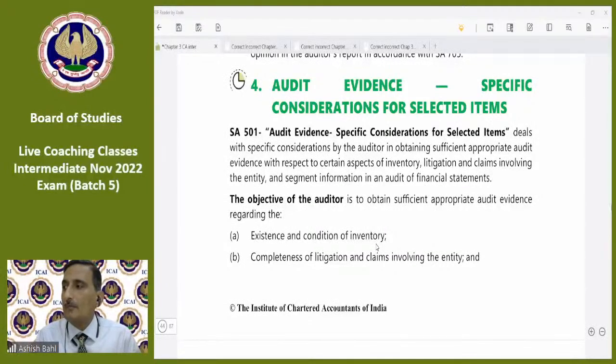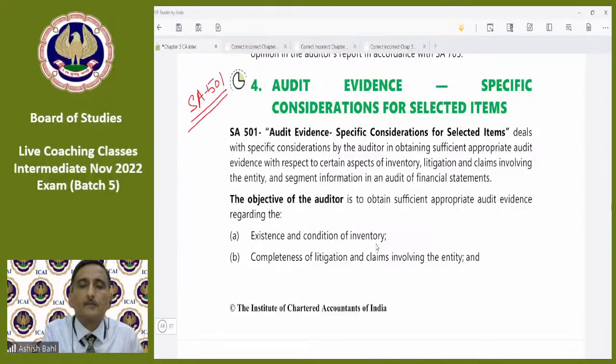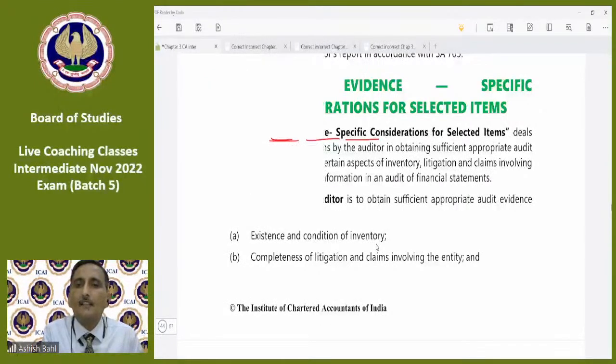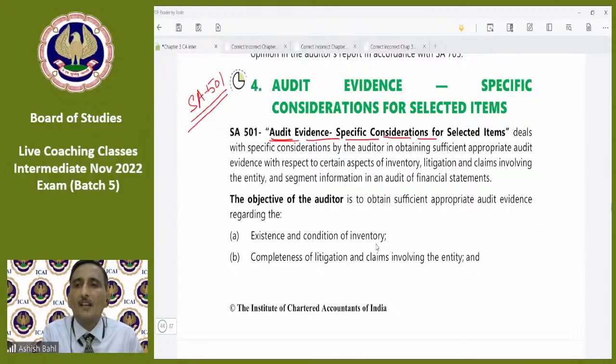So now we come to SA 501. This is another important standard, SA 501. What is the name of this standard? This is audit evidence, specific considerations for selected items.